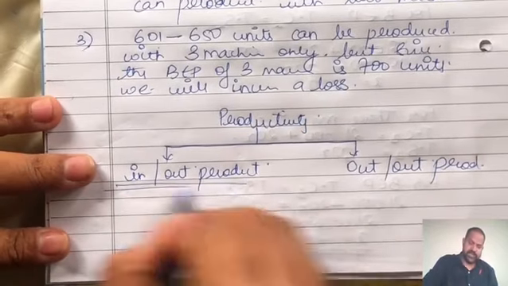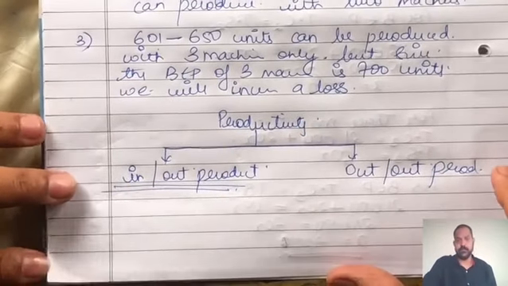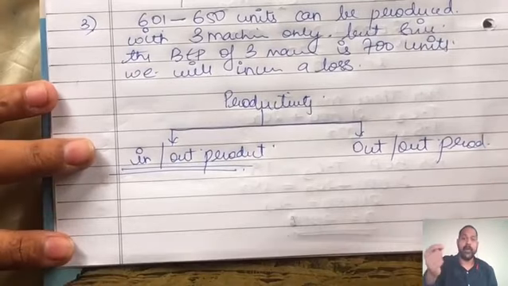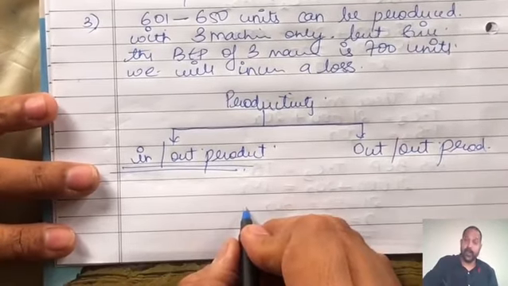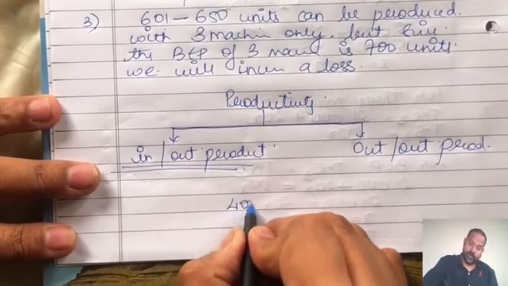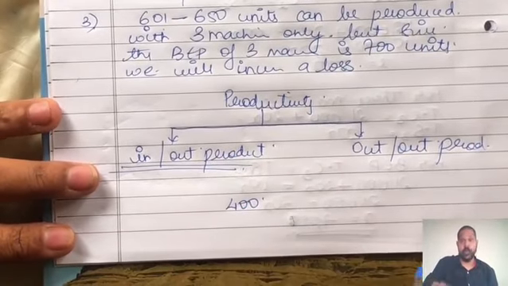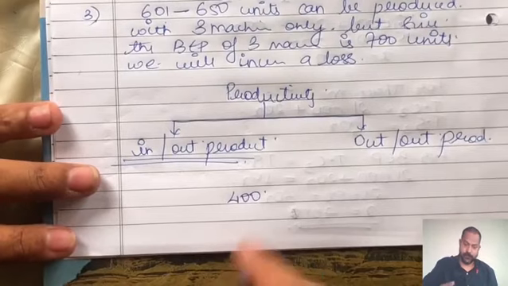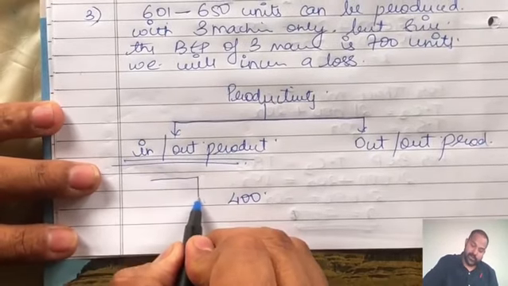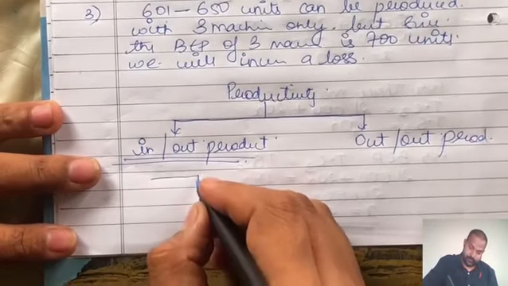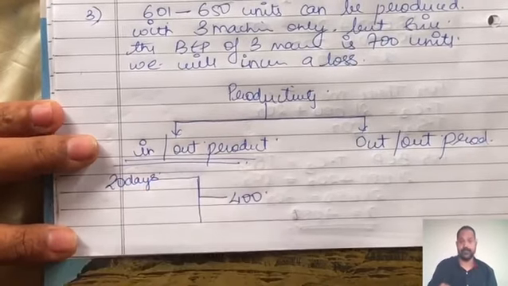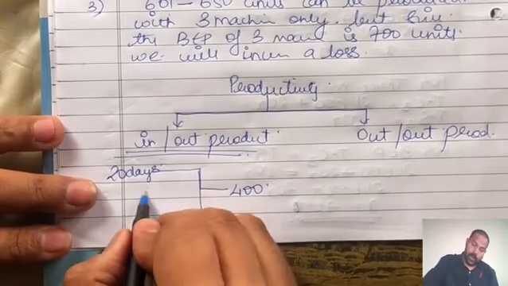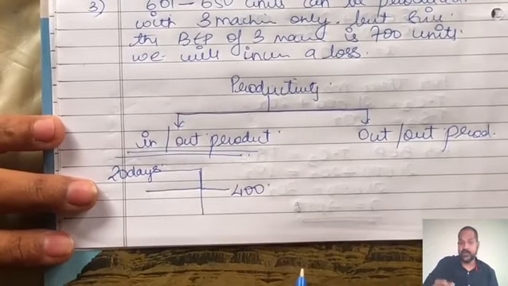This is very simple. What is this? You are making a product. Okay? How many did you make? Well, I made 400 units. What all went into this? Well, these 400 units were made in 20 days. Okay. How many people were involved in this?